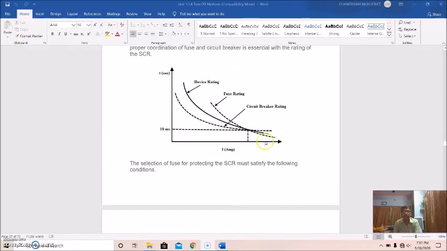So this is the characteristic curve of the device rating. This is the fuse rating curve. This is your circuit breaker rating, and this is the meeting point. This is the ampere versus time graph, and from this the selection will be taken within 10 milliseconds.